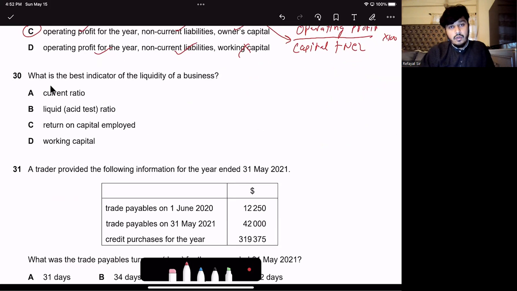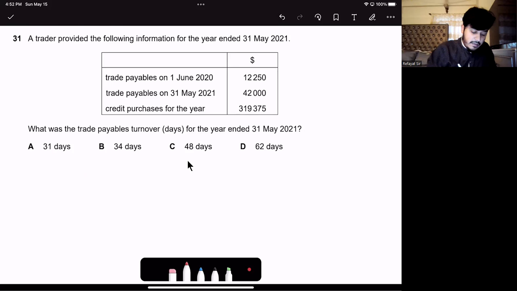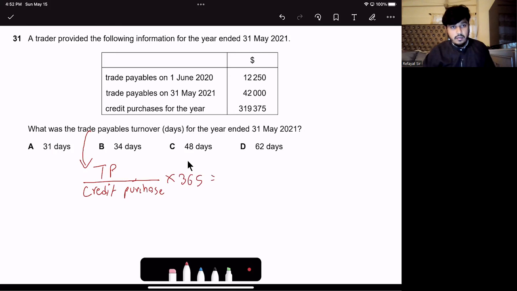Number 30. What is the best indicator of the liquidity of a business? It is none other than the liquid ratio. A trader provided the following information. What was the trade payable turnover days? We all know the trade payable turnover days formula is trade payable divided by credit purchase into 365.